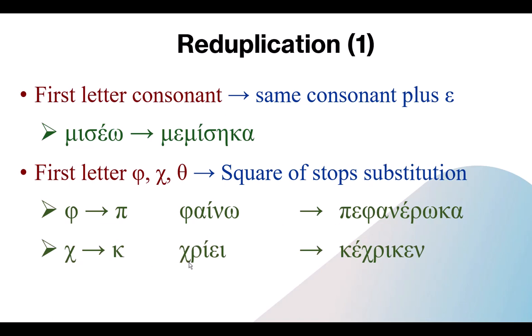So for chrio, in this case third person, he anoints, that would change to kechriken. So the chi changes just to a kappa. And finally, an example of theta turning to tau, we have the verb thuo, to sacrifice, and we get that in the perfect as tethuka. So the theta is reduplicated as a tau.